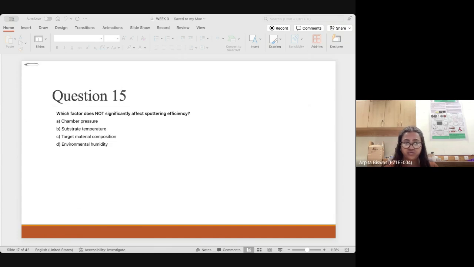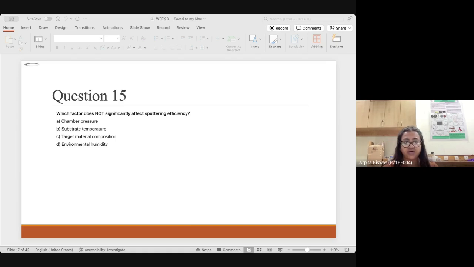One by one, you can go through the options. Chamber pressure: you know that sputtering happens in a closed chamber, so of course the chamber pressure affects the sputtering efficiency. Substrate temperature, yes, also. Target material composition, of course, affects the sputtering efficiency.